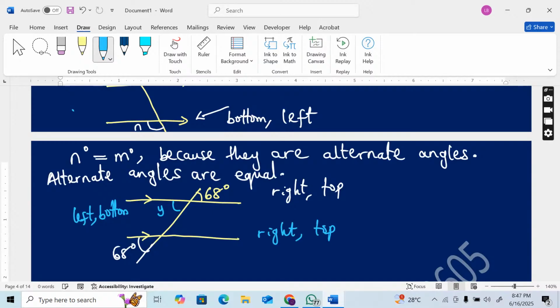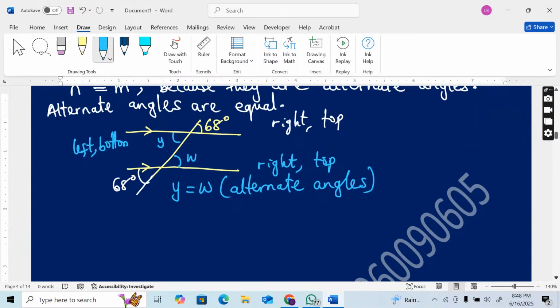Top of the line will be the angle that is alternate to Y. So I'll name this angle W. So Y is equal to W because they are alternate angles. Y is equal to W because they are alternate angles. I hope you understand.